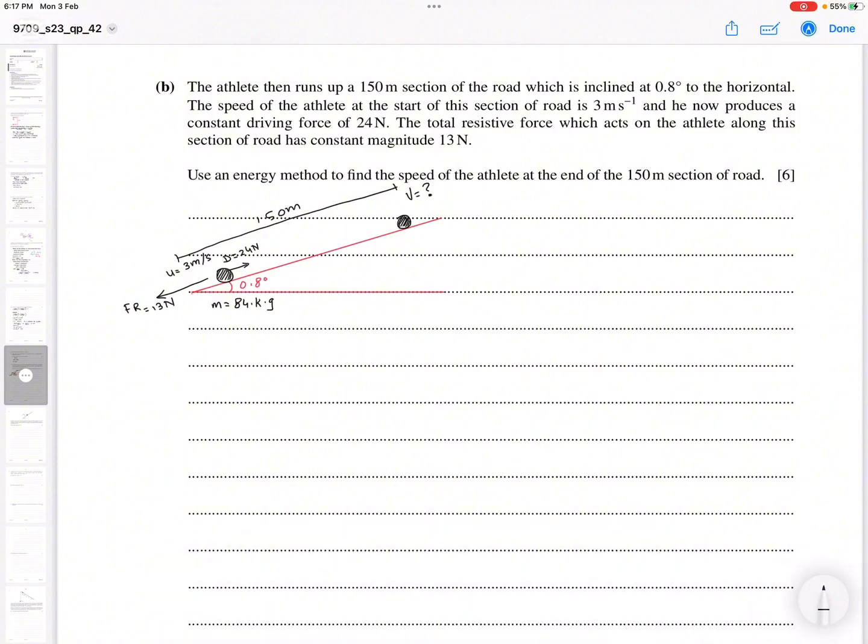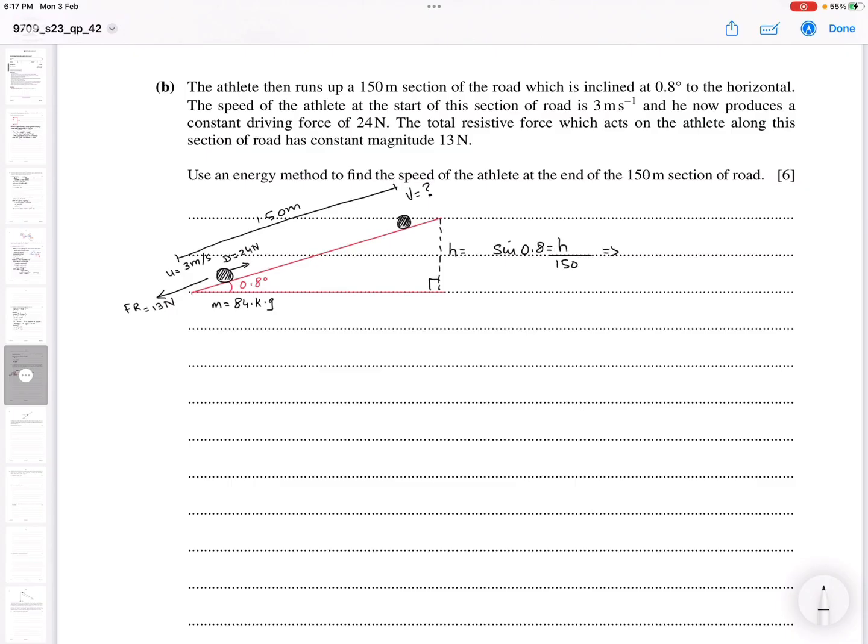First of all, we should try to find out the height. Opposite over hypotenuse is sine theta. So I can write sine 0.8 equals opposite over hypotenuse, which is h over 150.